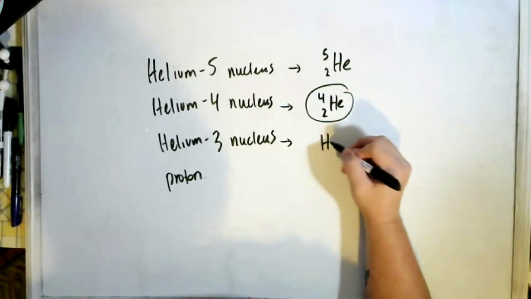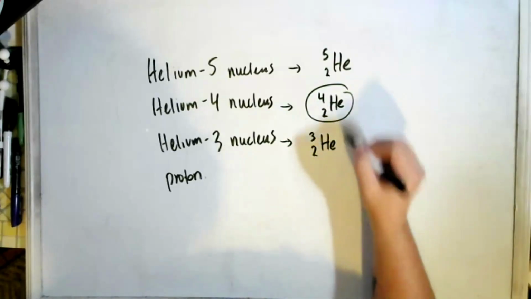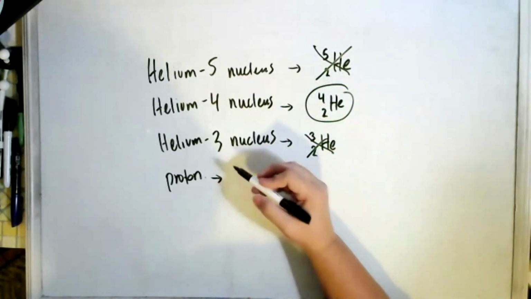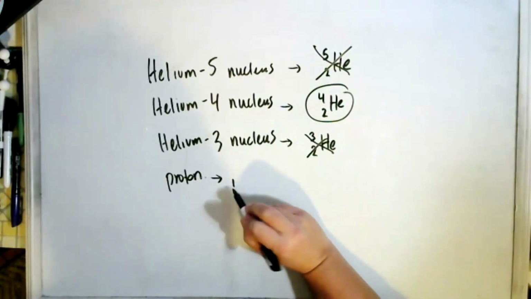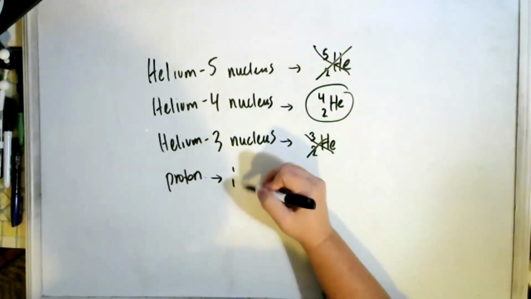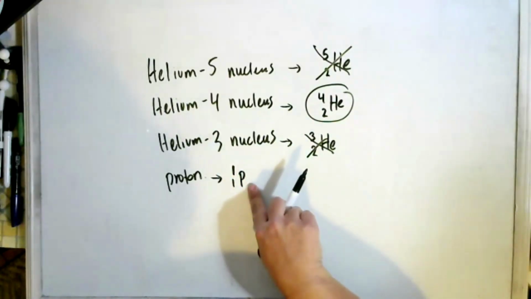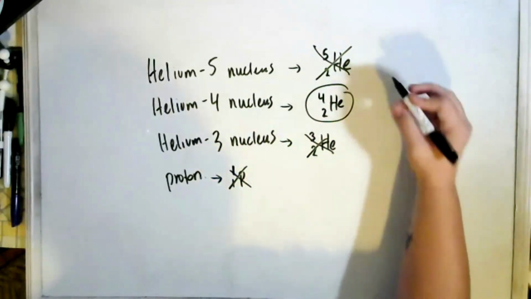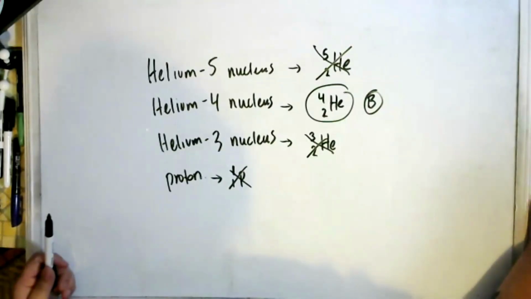Helium-3, protons 2, mass number 1, so not these. And then a proton is going to be like 1 proton, mass number of 1, and it'll have a little p. So that's the symbol for a proton. That's not the symbol for an alpha particle. Okay, so choice B was our answer there. That was for question 21.